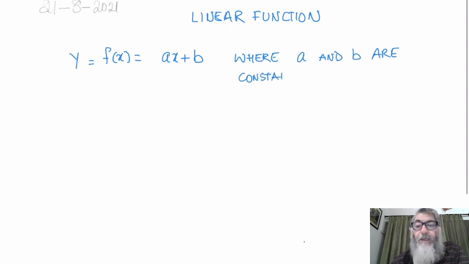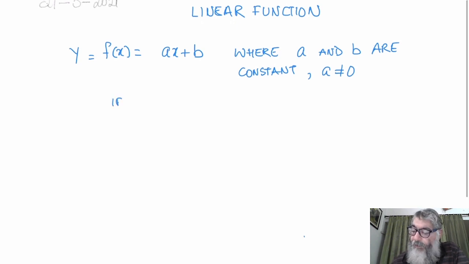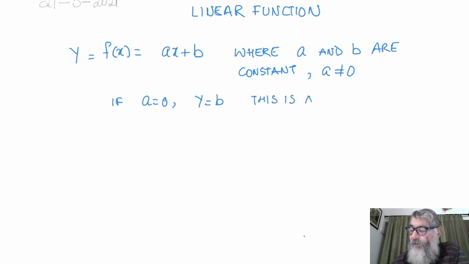Another condition attached to it is that a cannot be equal to 0. Because if a becomes 0, then y will become equal to b, which is a constant function. This will be just a straight line parallel to the x-axis at a distance of y = b.